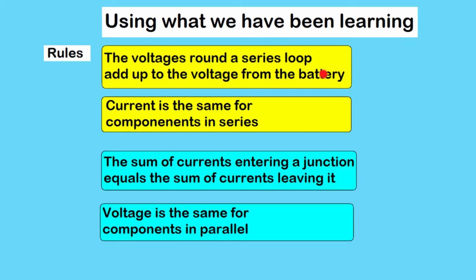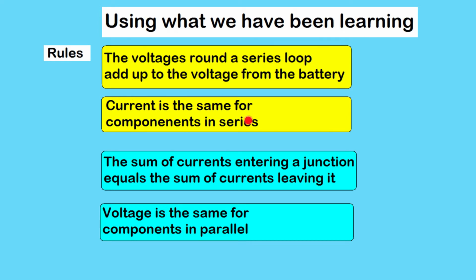So the idea that the voltages around a series loop add up to the voltage from the battery, and that the current is the same for all components in series. That the sum of currents entering any junction, where electricity has to split up, equals the sum of currents leaving that junction, and equally when components are in parallel, that the voltage is the same.